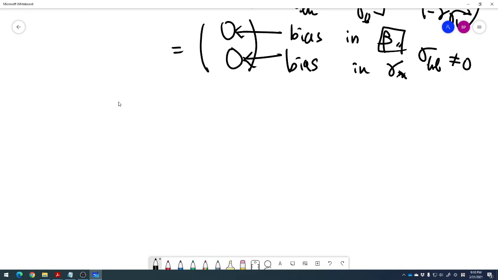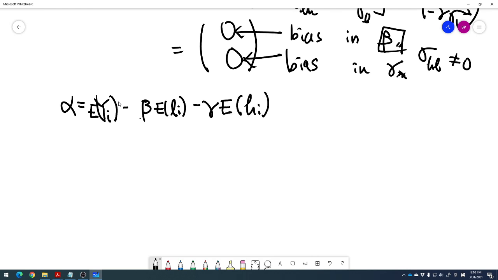And still I'm not ignoring alpha. At the end, a perfect answer would have alpha this way. Alpha can be written as the expectation of y minus beta expectation of L minus gamma expectation of H. Of course, these are estimated.